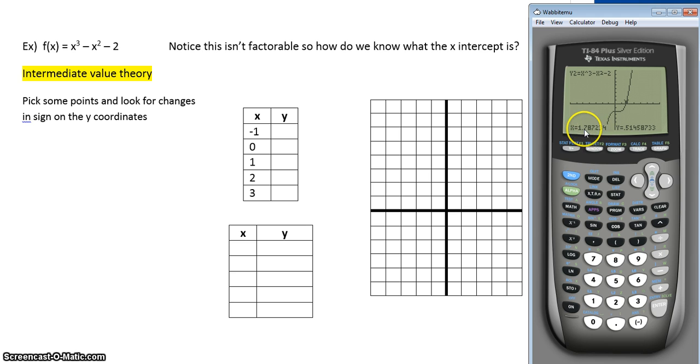And when I go to the next one over, I'm at 1.78, which goes up to +0.5. So I know that my intercept is occurring somewhere between 1.6 and 1.7. I can get a good idea, not an exact idea, but a very close idea based upon the graphing calculator that my x-intercept is maybe 1.65.